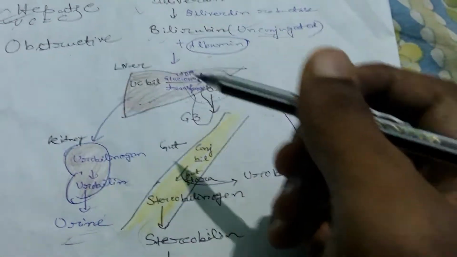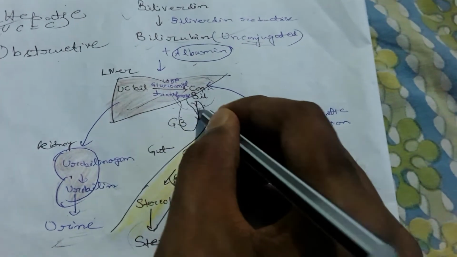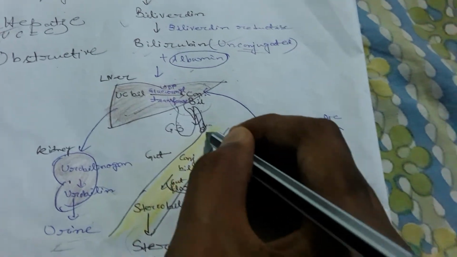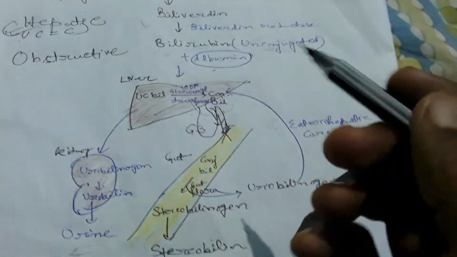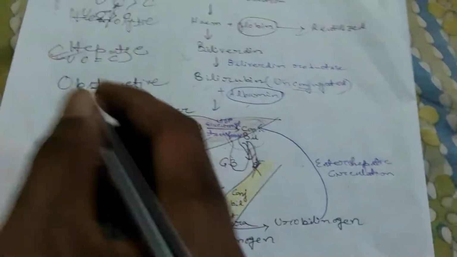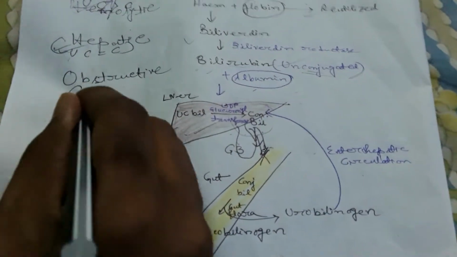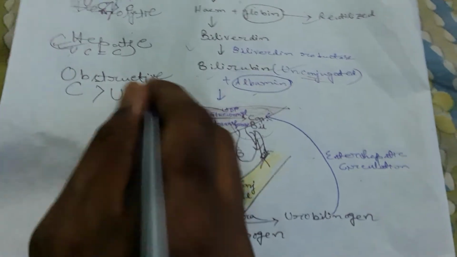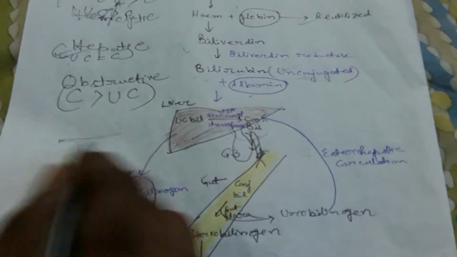So there, conjugated bilirubin is formed, but can't pass into the gut. Okay, so there is only conjugated hyperbilirubinemia. Unconjugated will be there, but it is less in amount. So conjugated is greater than unconjugated. Okay, it is a basic phenomenon.